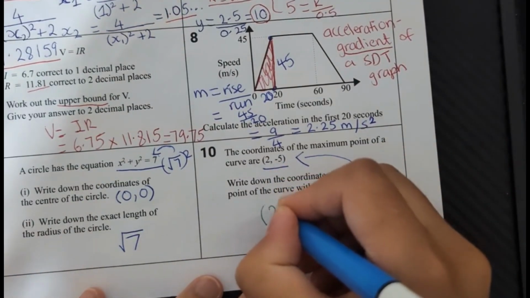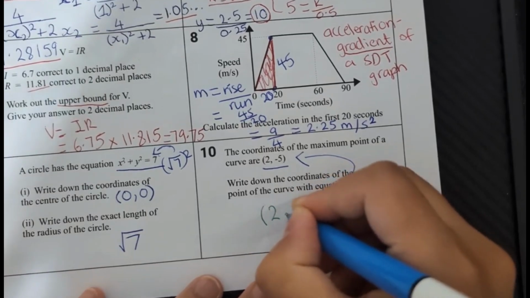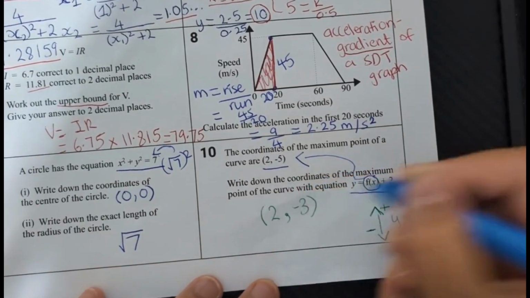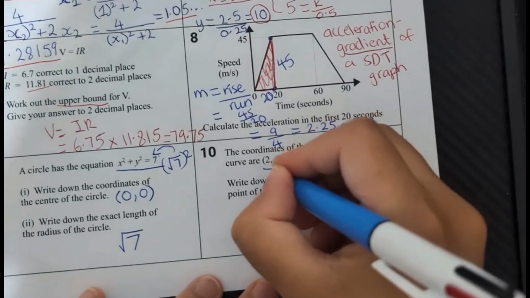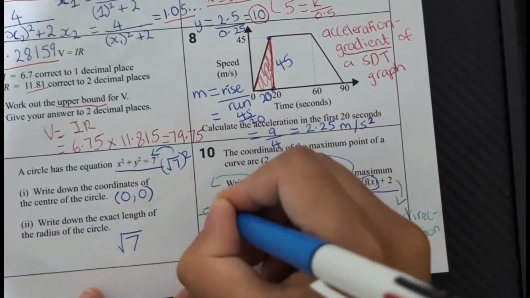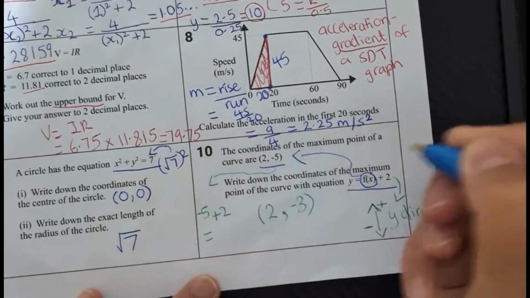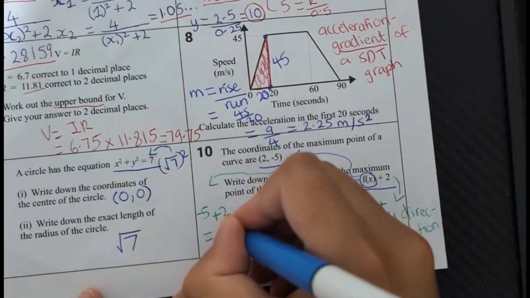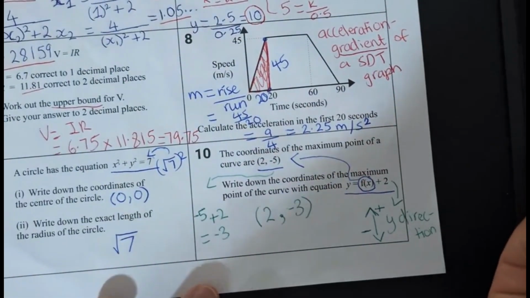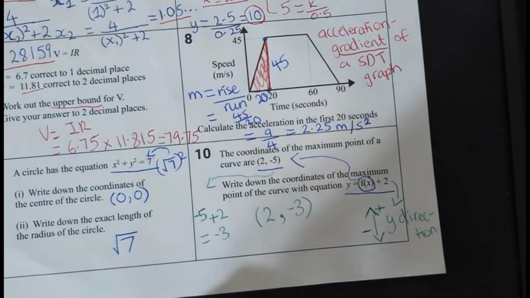So it becomes 2, the x coordinate doesn't change, and it goes from -5 to -3, because -5 plus 2 is -3. And that was all for this question, so it's not too difficult.